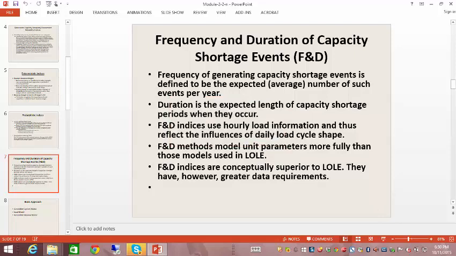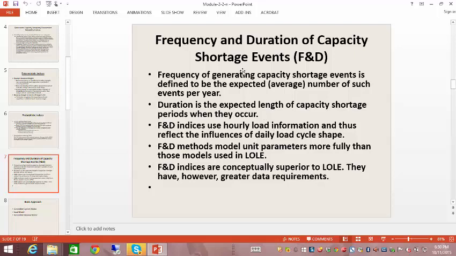Now, for the frequency and duration of capacity shortage events, there is a set of indices which can be used to characterize them. The frequency of generating capacity shortage events is defined to be the expected number of such events per year, and duration is the expected length of the capacity shortage events when they occur.